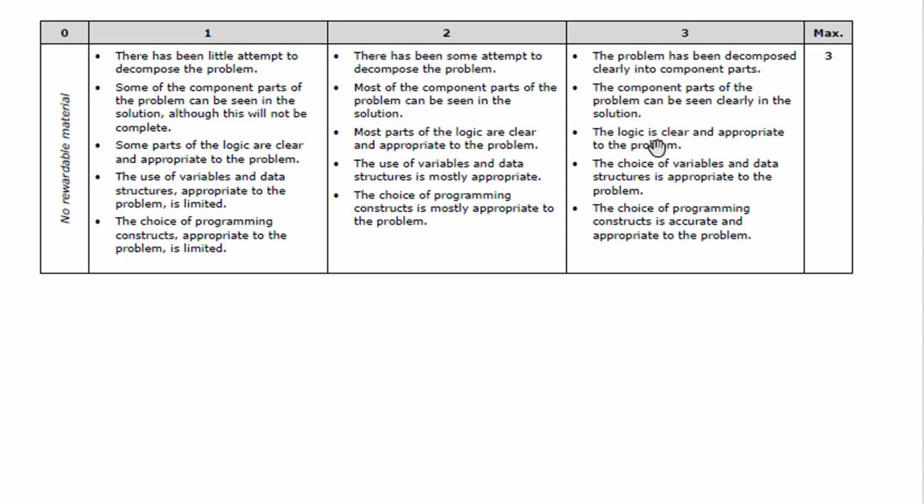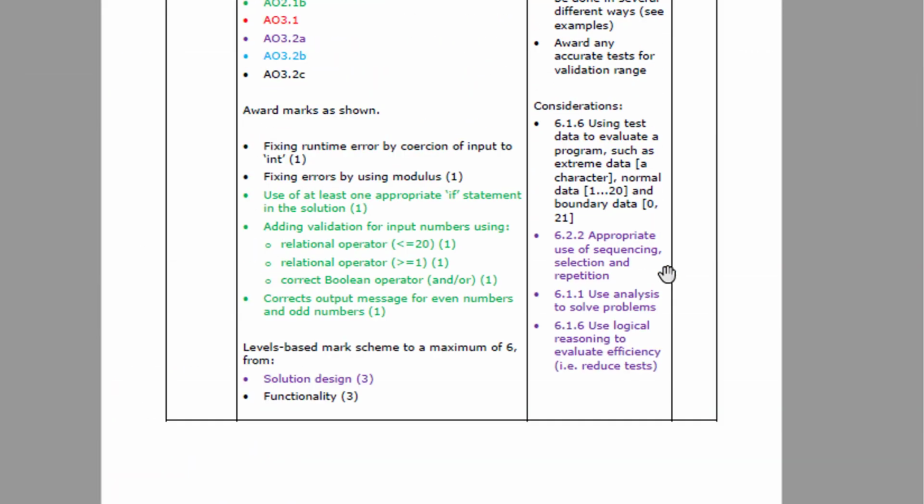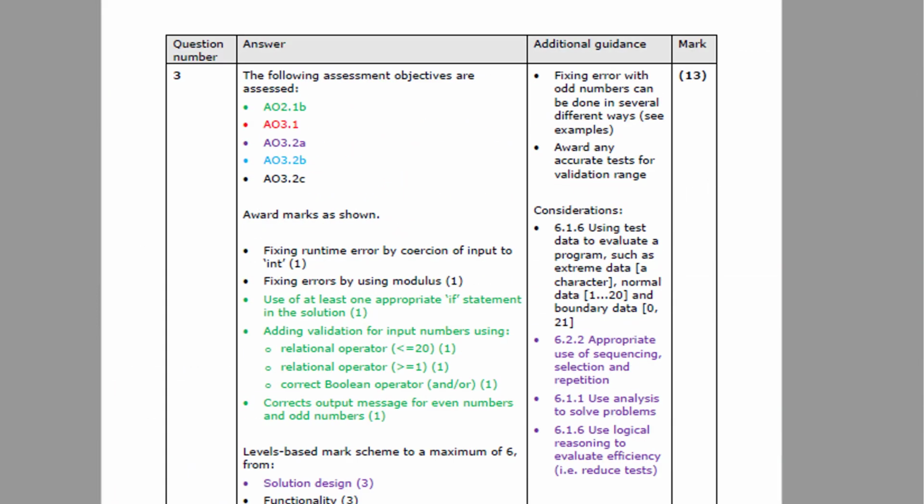And one could have used the integer divide and test that what was left was a whole number rather than floating and such like. It would have been over the top and not elegant and not a good solution design. So this result would have given the full 13 marks.